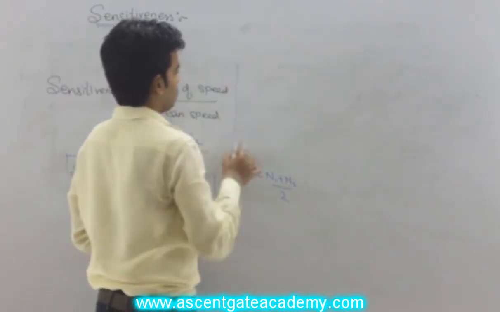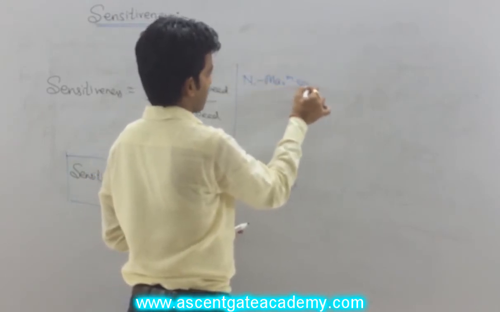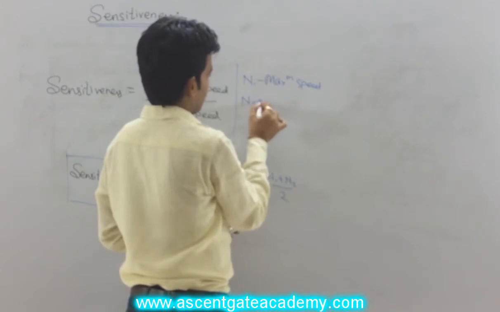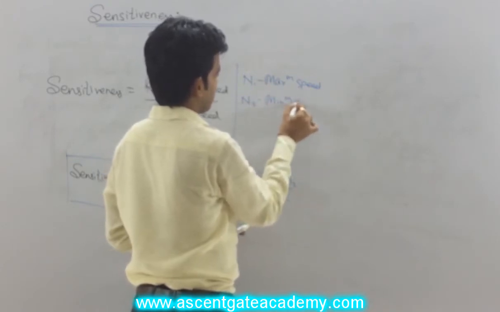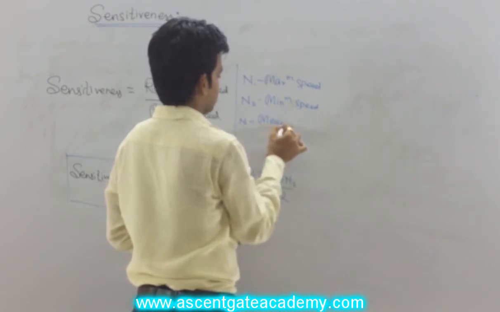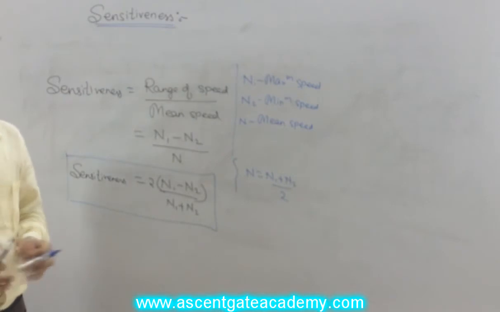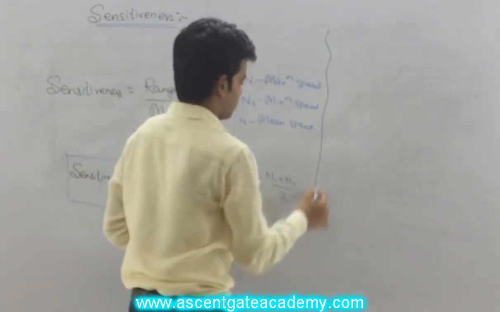If you want, you can write it down: n1 is maximum speed, n2 is minimum speed, and n is mean speed. Clear or no? Another term is sensitivity.